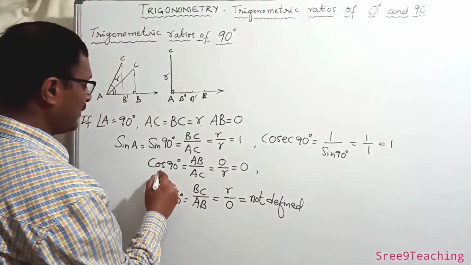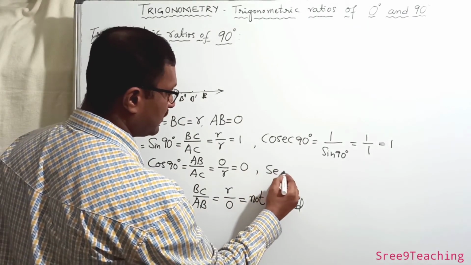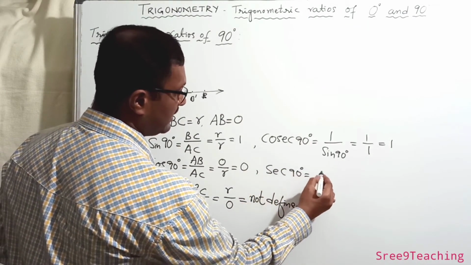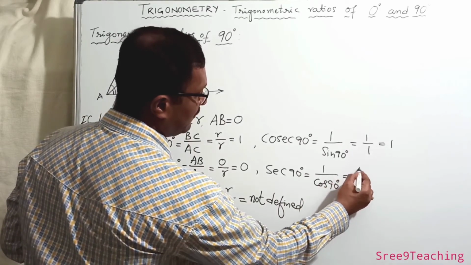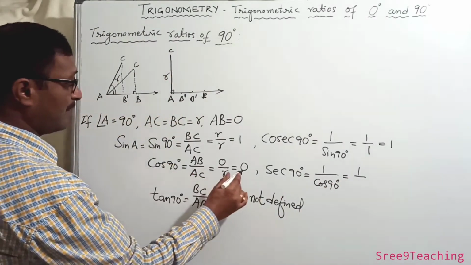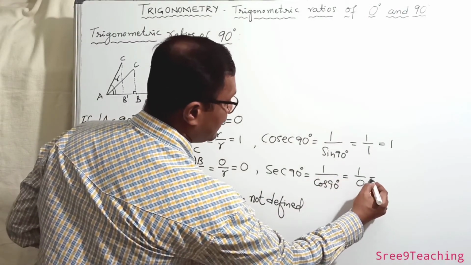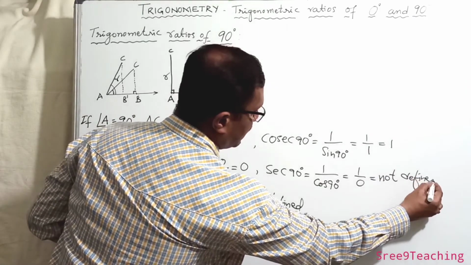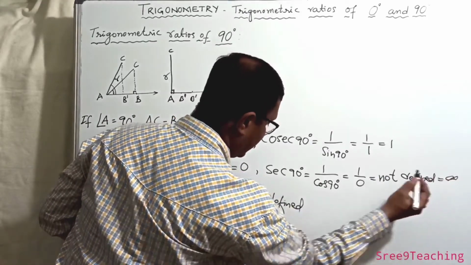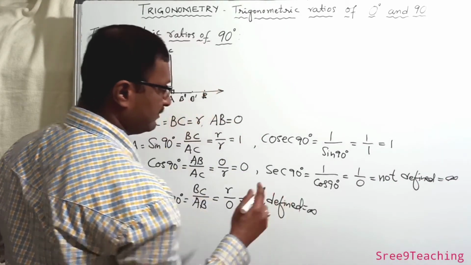Now let us find the reciprocal of cos, that is sec 90 degrees, equal to 1 by cos 90. How much did we get? 1 by 0. So 1 by 0 is nothing but not defined. We write it as infinity.